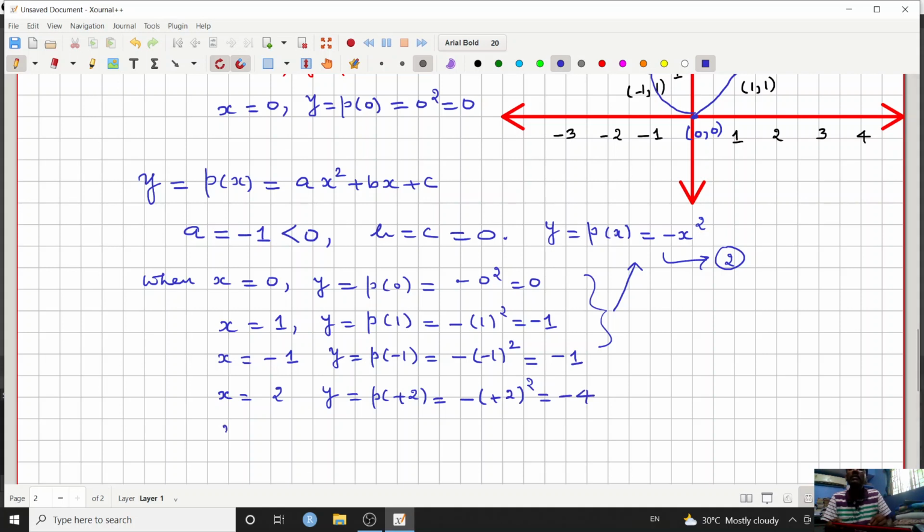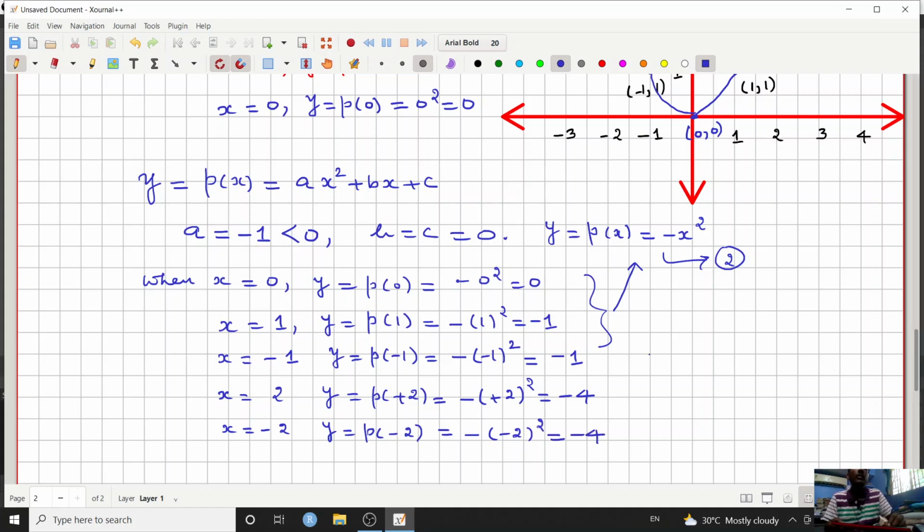In a similar manner, if I put x equal to minus 2, y is equal to p of minus 2. Replacing x by minus 2, that is equal to minus of minus 2 whole square, and the value is minus 4.